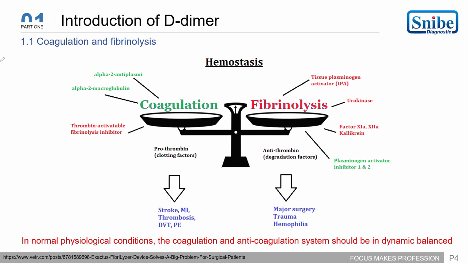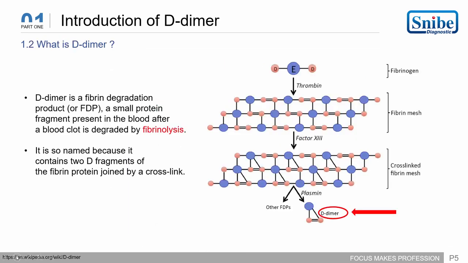Next, what is D-dimer? D-dimer is basically a fibrin degradation product, or FDP. It is a small protein fragment present in the blood after a fibrin clot is degraded by fibrinolysis.